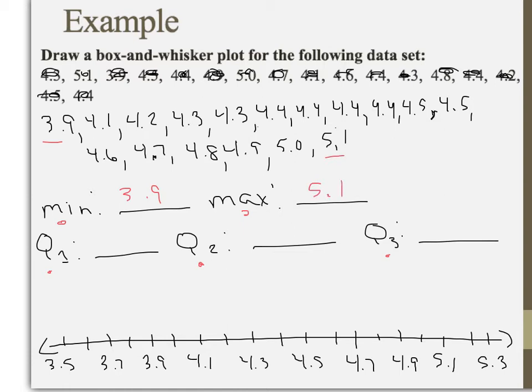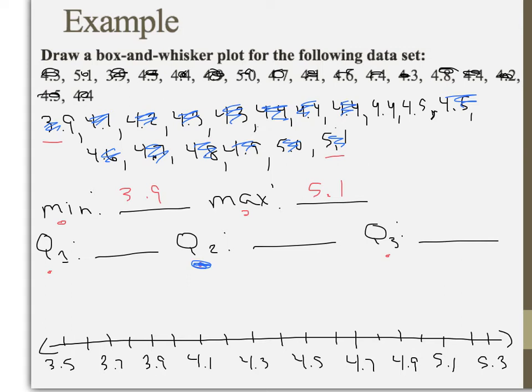Then we're going to find our quartile 2. I'm going to go to it next, because quartile 2 is the median of our whole list. So I'm going to start marking out numbers here. I'm going to mark out 3.9, 5.1, till we get to the center. 4.1 and 5. 4.2, 4.9. 4.3, 4.8. 4.3 and 4.7. 4.4, 4.6. 4.4, 4.5.